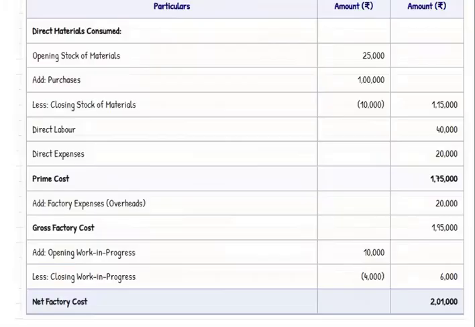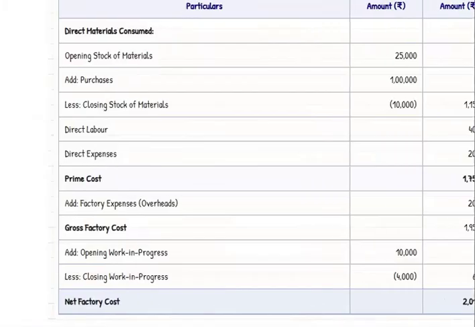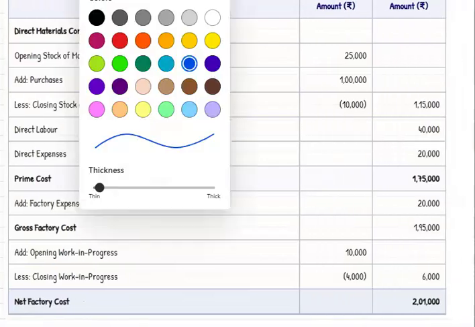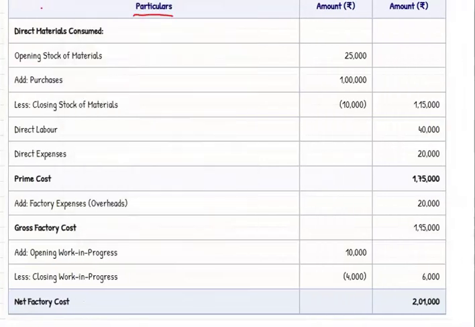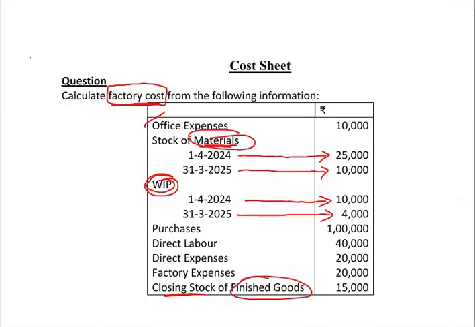The solution is given here, with a particular column and an amount column, an inner column and an outer column. In this question, there is no information regarding units. In the absence of that information, we need not prepare the cost per unit column.